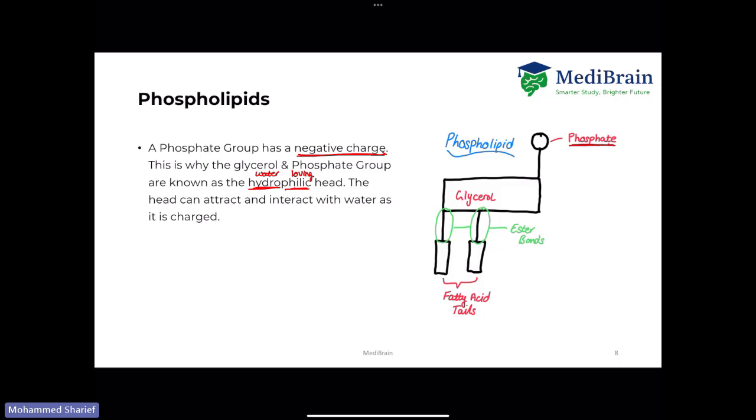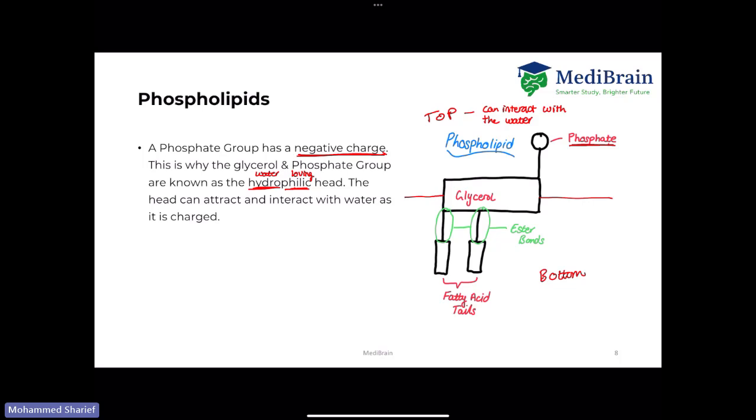So if we think about this aside, if we cut this into half like that, this top side over here can interact with the water. Okay, however, the bottom, because there are no charged regions at the bottom, what happens over here is that this part cannot interact with the water.